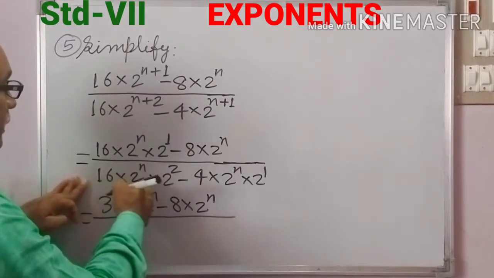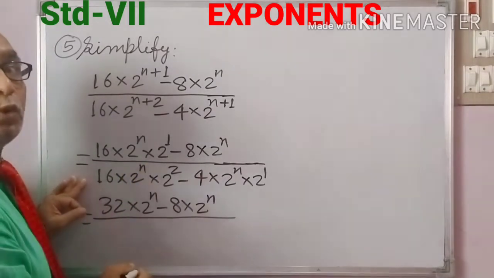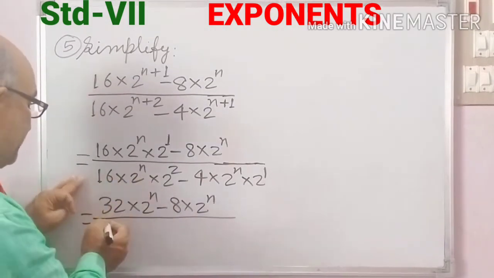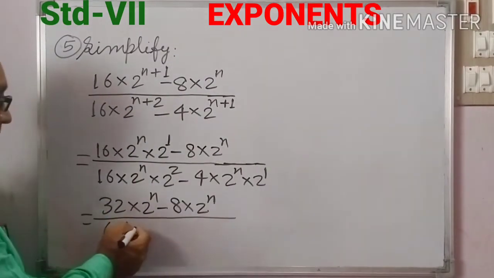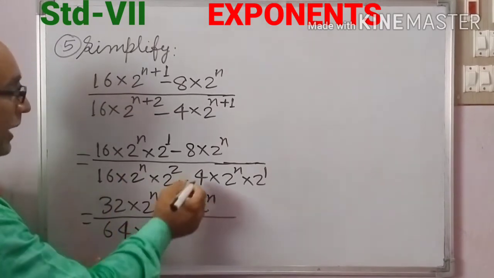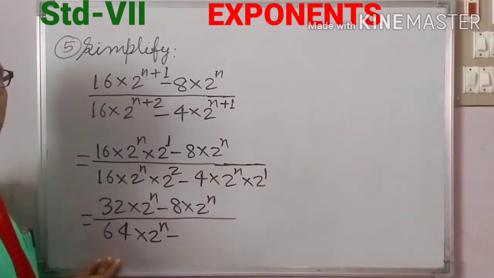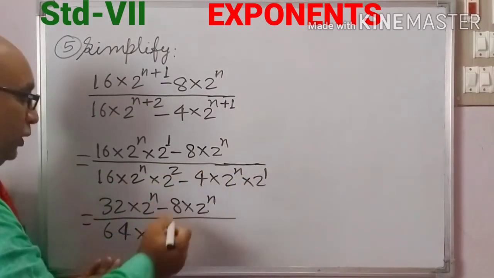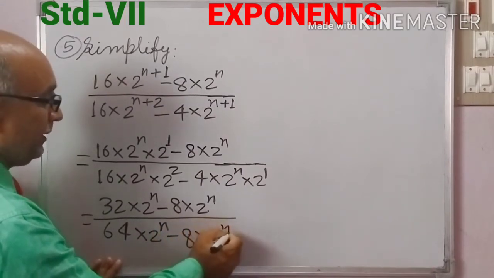Now 16 into 2 to the power 2. 2 to the power 2 means 4, 16 into 4 is 64. 64 into 2^n minus 4 into 2 to the power 1. 2 to the power 1 means 2, so 4 into 2 is 8 into 2^n.